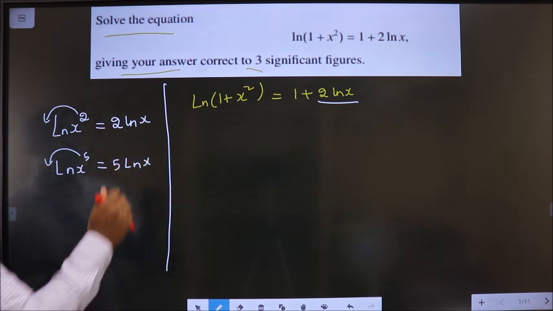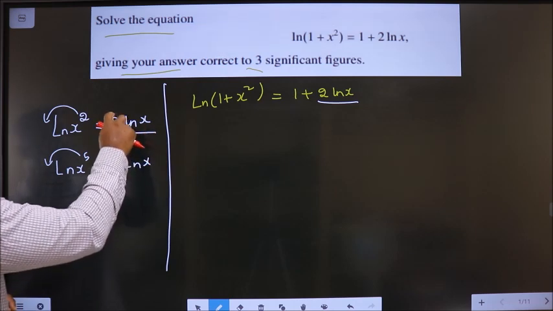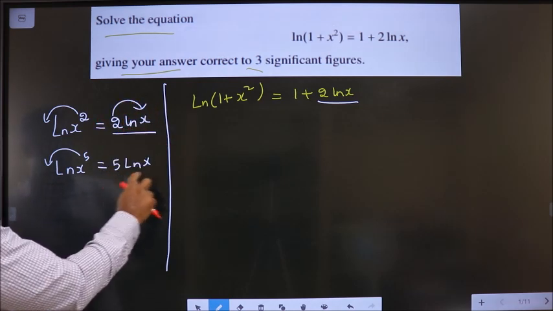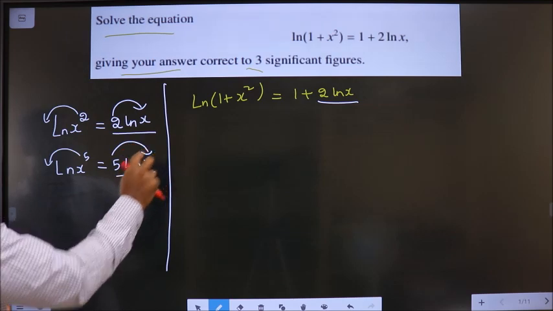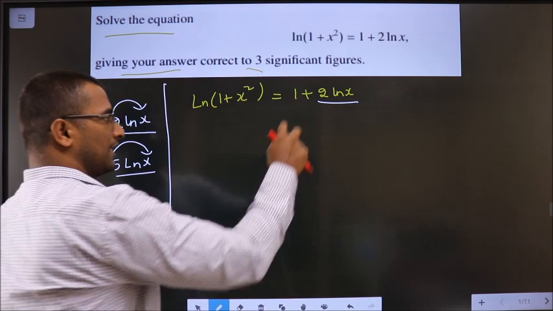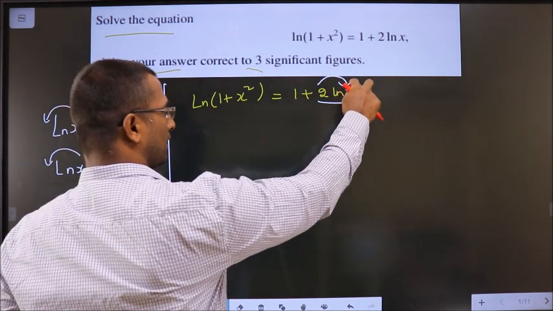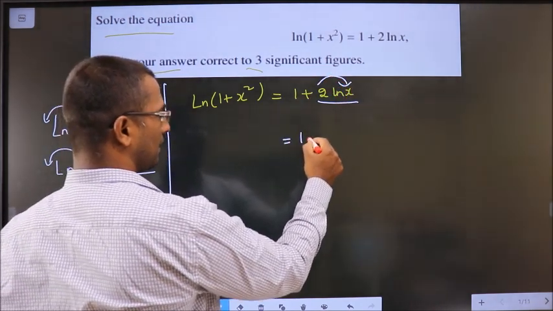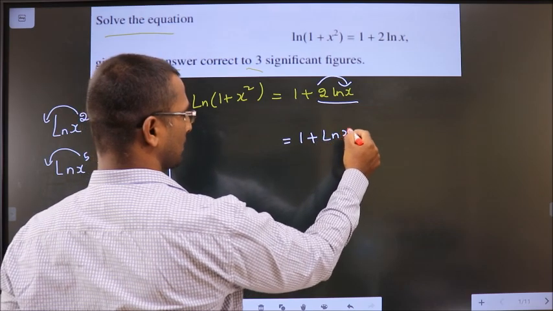Here also the same thing. If it is 2 ln x, 2 can go as a power. If it is 5 ln x, 5 can go as a power. Same thing I will be applying here. This 2 will go as a power, resulting in 1 + ln x².